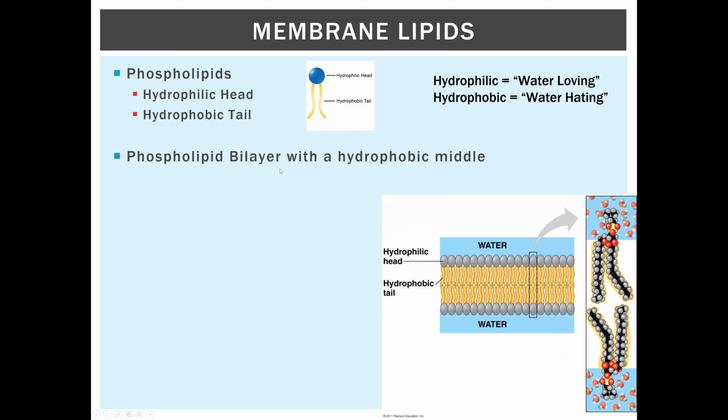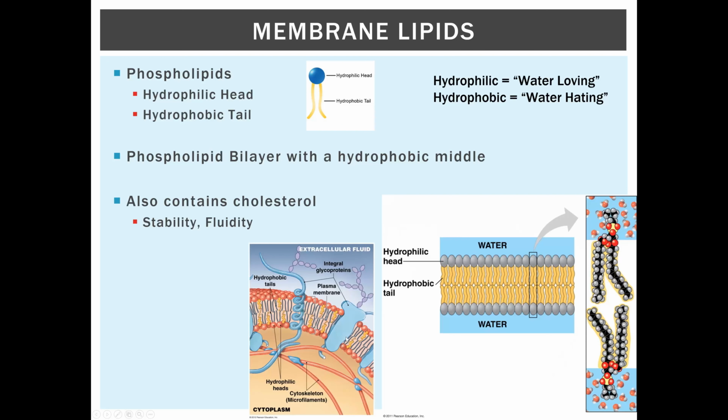Because of their structure, they form a bilayer, which means two layers in a row, with the heads facing outside and inside where there's a watery aqueous environment, and the tails all go on the inside to form a hydrophobic middle. So you can think of it like a sandwich with an oily, lipidy hydrophobic middle, and an aqueous outside.